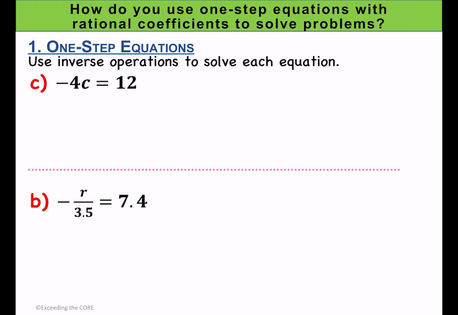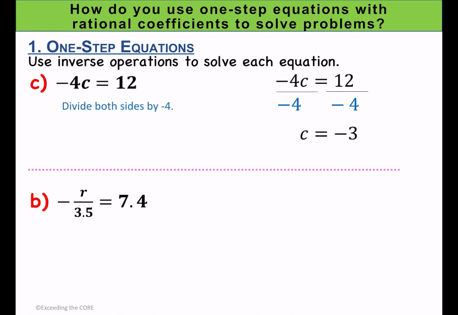Okay, next I have negative 4c equals 12. Remember I want to isolate the variable, so I want to get c by itself. So I need to get rid of the negative 4, and the inverse would be to divide both sides by negative 4, which ends up being c equals negative 3.